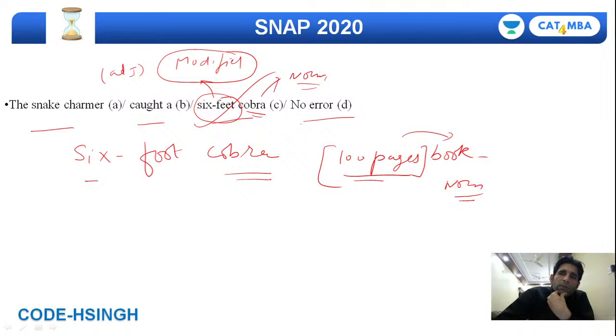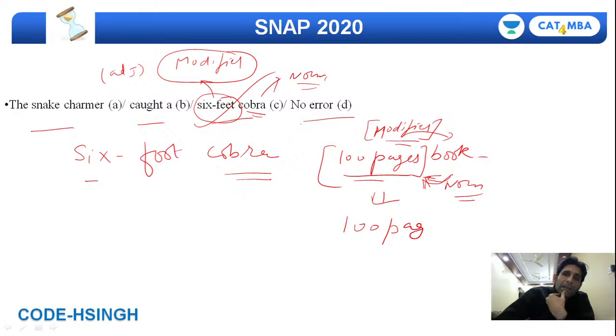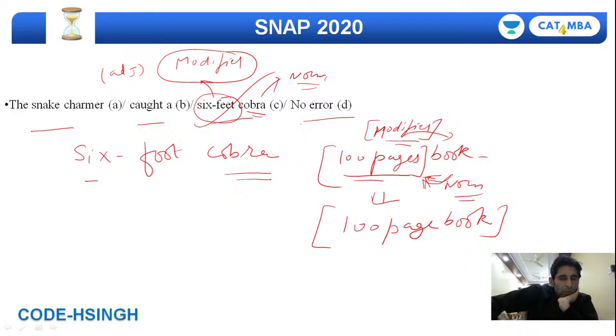The reason is that this 100 pages is actually acting as a modifier to the noun book. So whenever you use a noun modifier, and this is basically an attributive case of an adjective, that means जो आप word use कर रहे हो ना, noun से just पहले, वो attributive adjective या noun modifier that is always taken in singular. So we never say 100 pages book, we always say 100 page book, and this is the reason. हम में से कई लोगों ने इस चीज को लर्न कर रखा है, but that is the reason that whenever you use a noun modifier it is always singular.